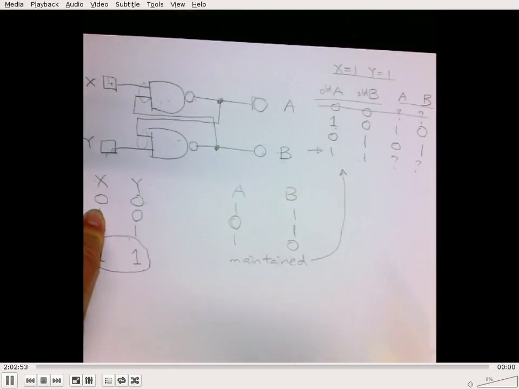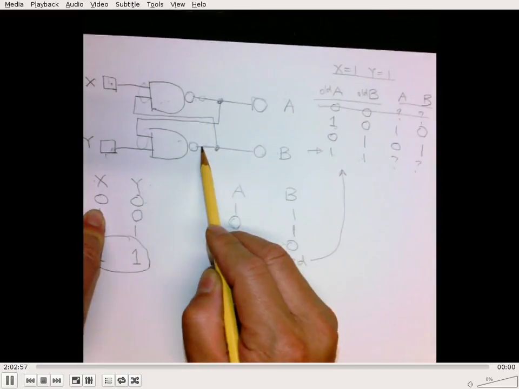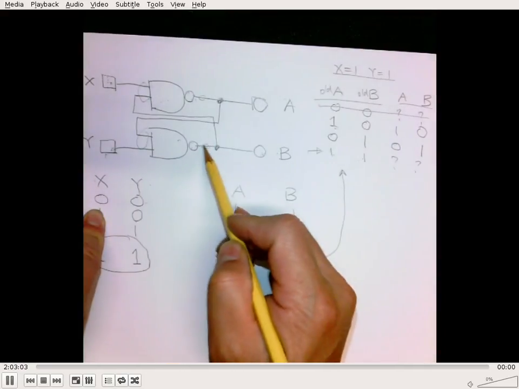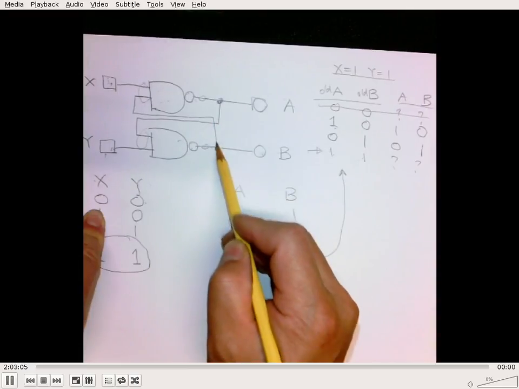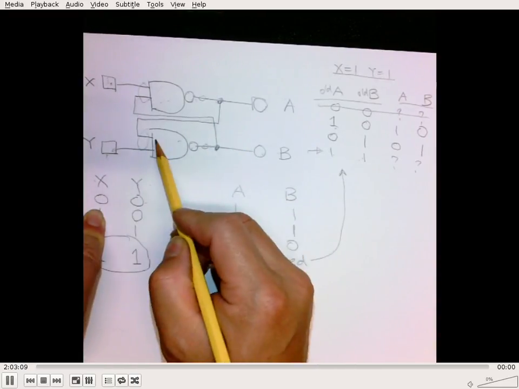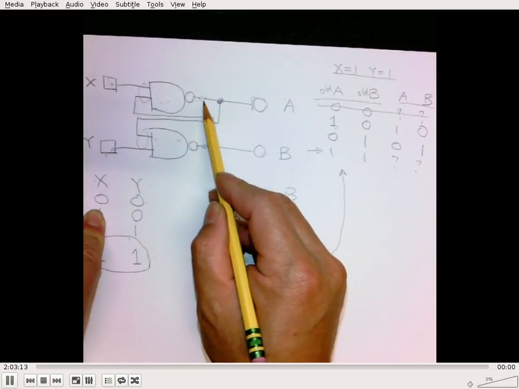And then you will end up with a 0 coming out of here and a 0 coming out of here at exactly the same time, right? So this 0 will propagate to this one here, and that 0 will propagate back into here, which will change both of these states to 1s.